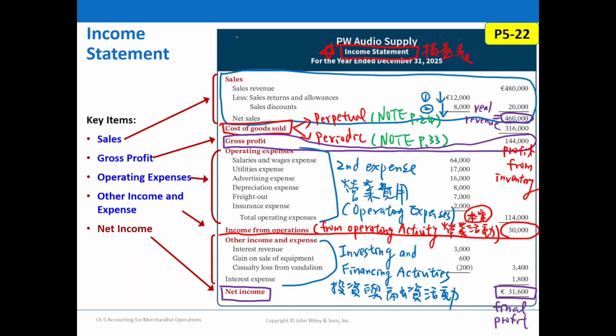Remember, when you end with net income, it's only part one, the income statement, right? We still have a part two, don't forget.